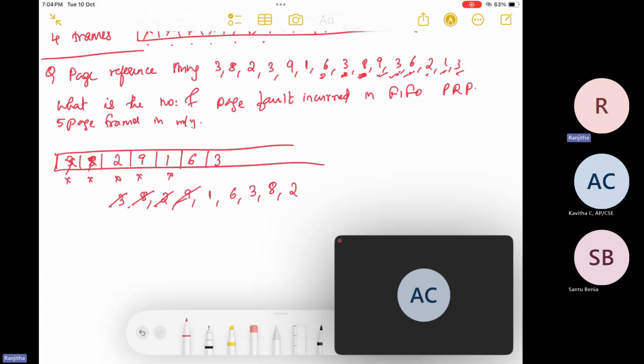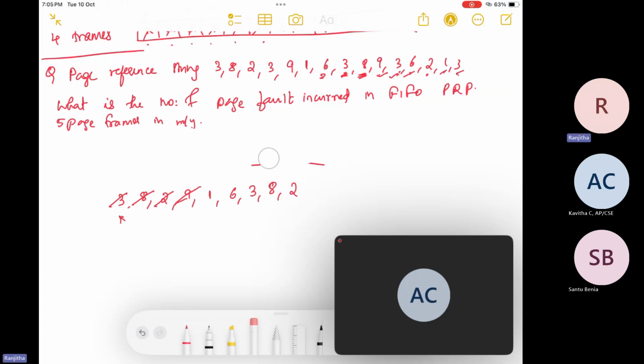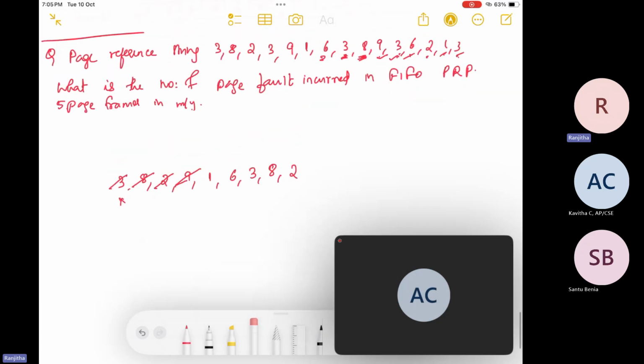So initially I missed to check on 8. So if we miss any of the reference string, the number of page faults that we arrive at will go wrong. So when a long reference string is given, it's important that we don't miss any of them. So I missed 8 in the second trial.